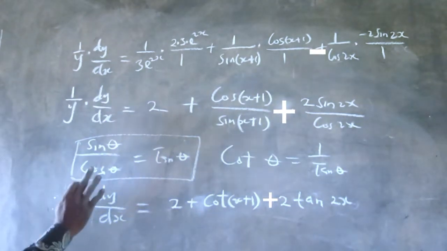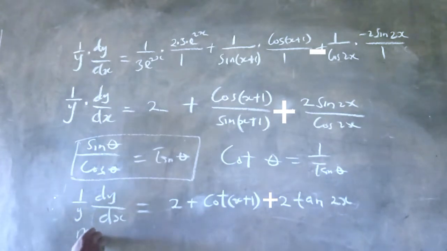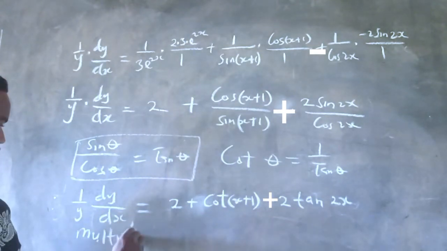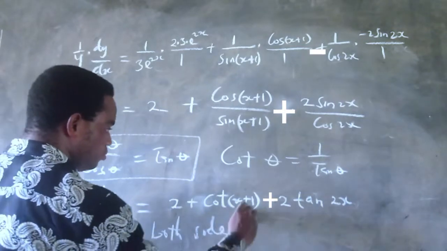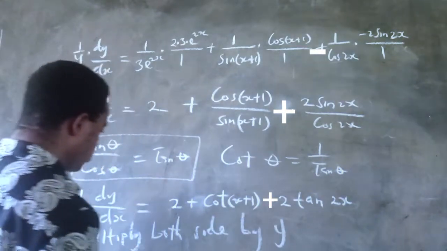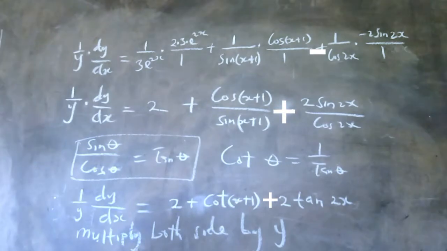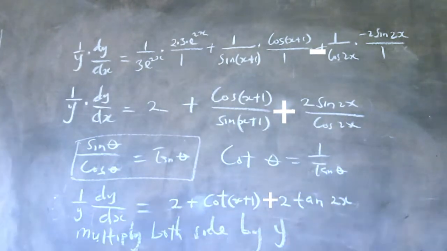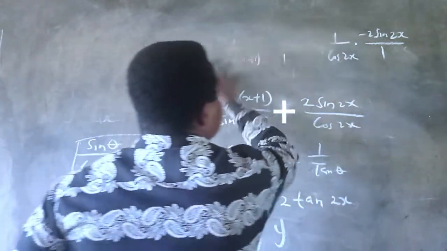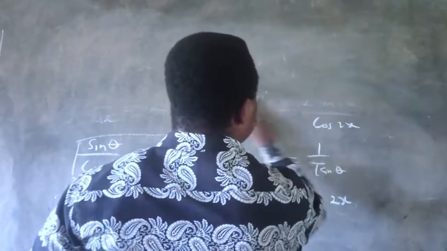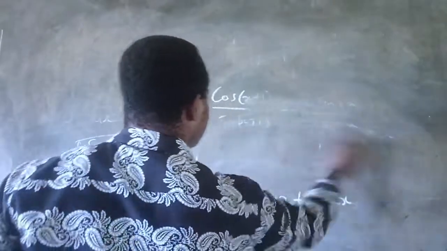And there we are. Now to remove this 1 over y from here so we can have the expression for dy/dx, let us multiply both sides by y so we can eliminate the y from the left hand side. Okay, now we'll go on and multiply both sides by y.